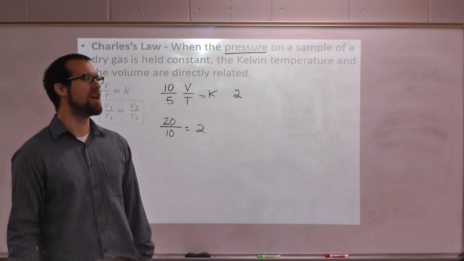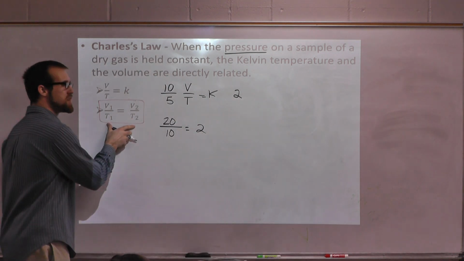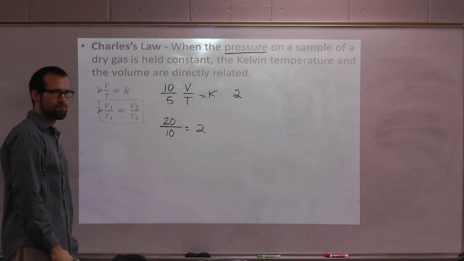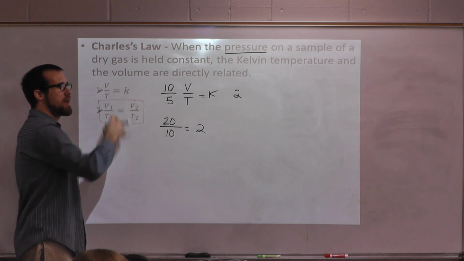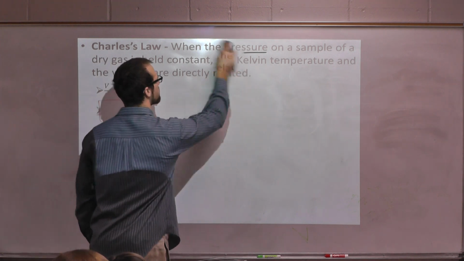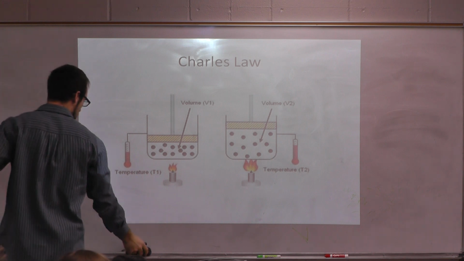And since it always gives us a constant, we can take these two things and set them equal to each other, because the constant will always be the same. And that's why this is the usable equation, and this is where it came from. So, equation, or I think I got a visual here.